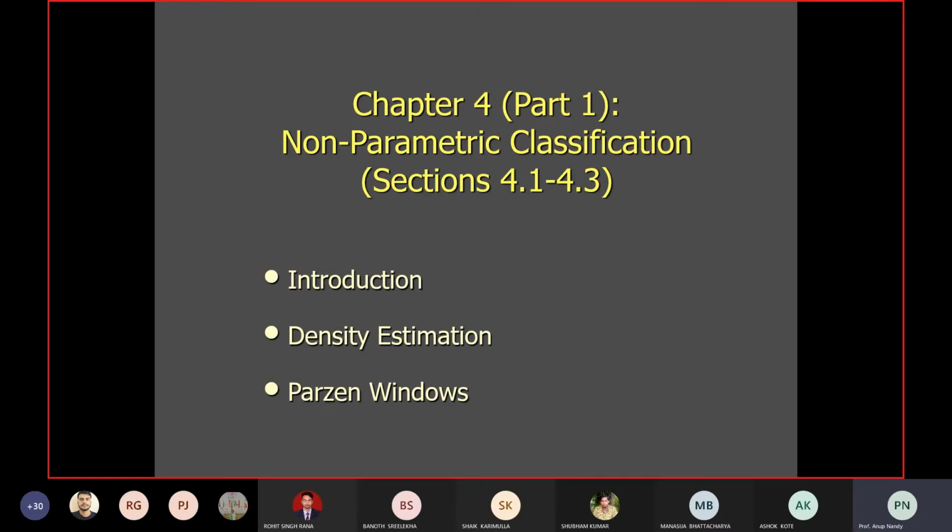There is also the nearest neighbor estimation technique. All of you must have heard about the K nearest neighbor rule, which comes from the nearest neighbor estimation rule. So there will be some mathematics, and the basic background will have some mathematics.